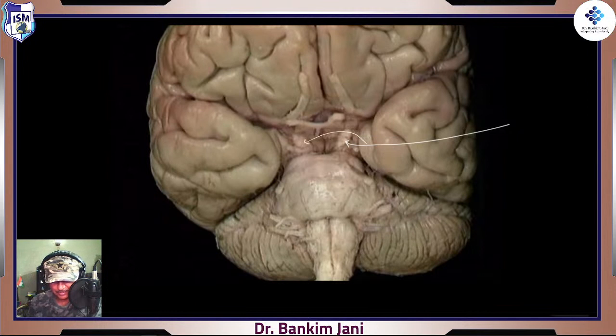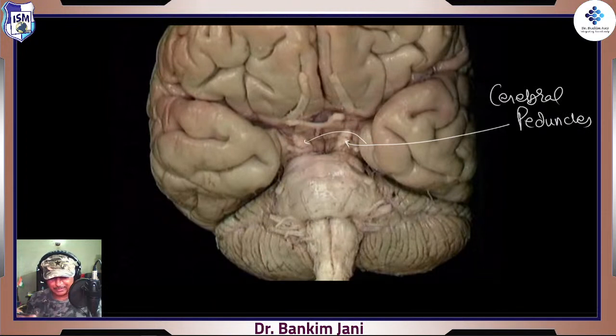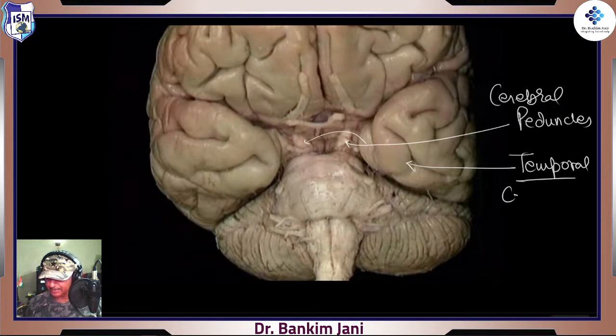These are the cerebral peduncles. That's how they look in an intact brain, because they are largely hidden by these lobes. Which lobe is this? Temporal. So this is the temporal lobe of the cerebrum. That's the cerebellum.